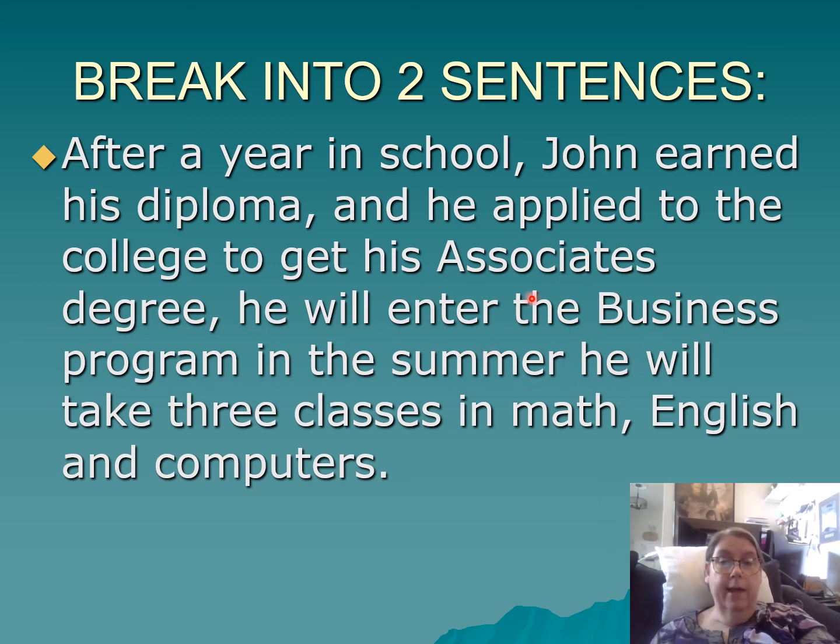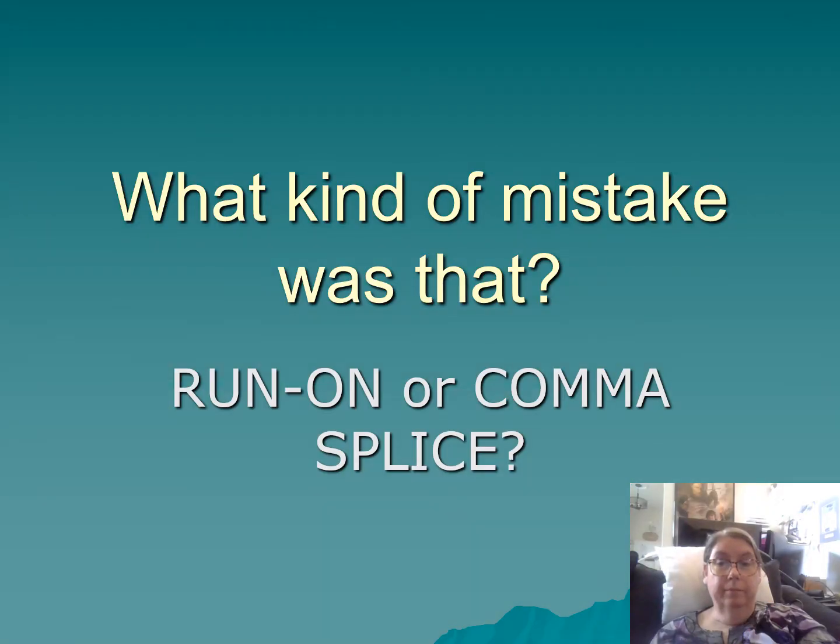But over here, I can't just let he will, so I need to change this, either put a semicolon or a comma and, or take the he out and put and. And in both those cases, that will create 2 sentences. So what kind of mistake was that? Was it a run-on or a comma splice?